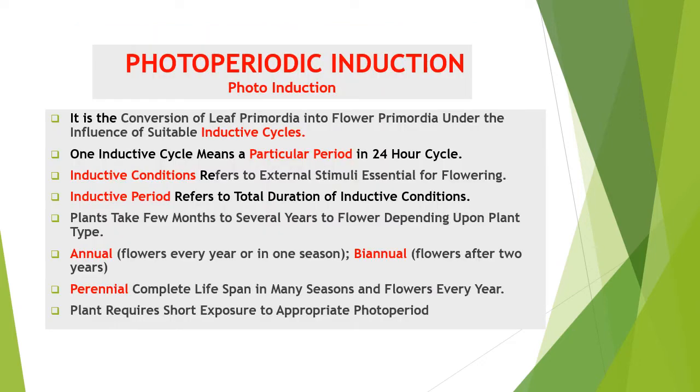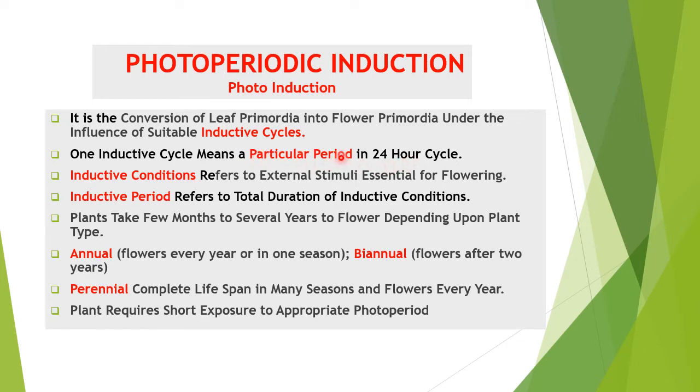Having said so, we understand that there are photoperiodic inductions for flowering: conversion of a vegetative bud or a leaf primordia into a flower primordia under the influence of suitable inductive cycles. What is an inductive cycle? One inductive cycle means an appropriate period in a 24-hour cycle.